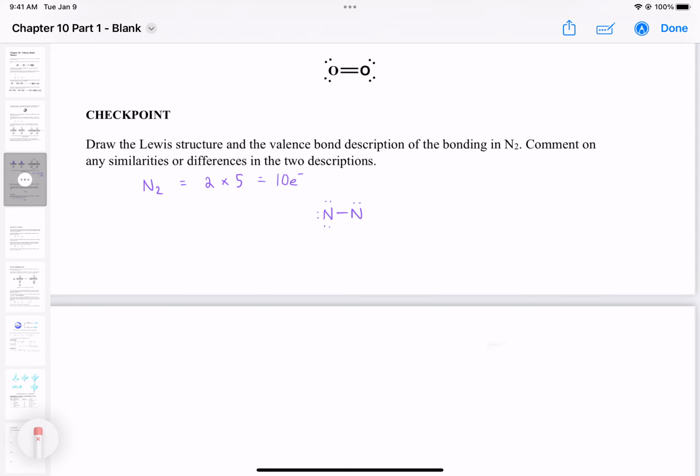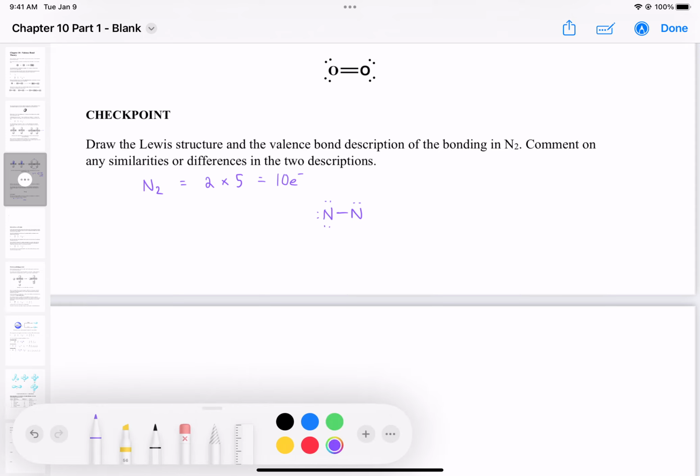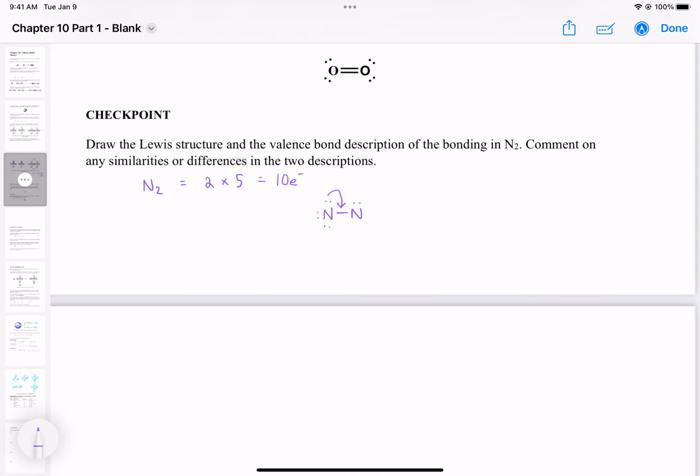So let's convert some of these bonds into maybe a triple bond. So we put 2 lone pairs as now bonds between the 2 nitrogen atoms, and we get the dinitrogen molecule, and that's a pretty good structure. So we have a triple bond and 2 lone pairs on the nitrogens.